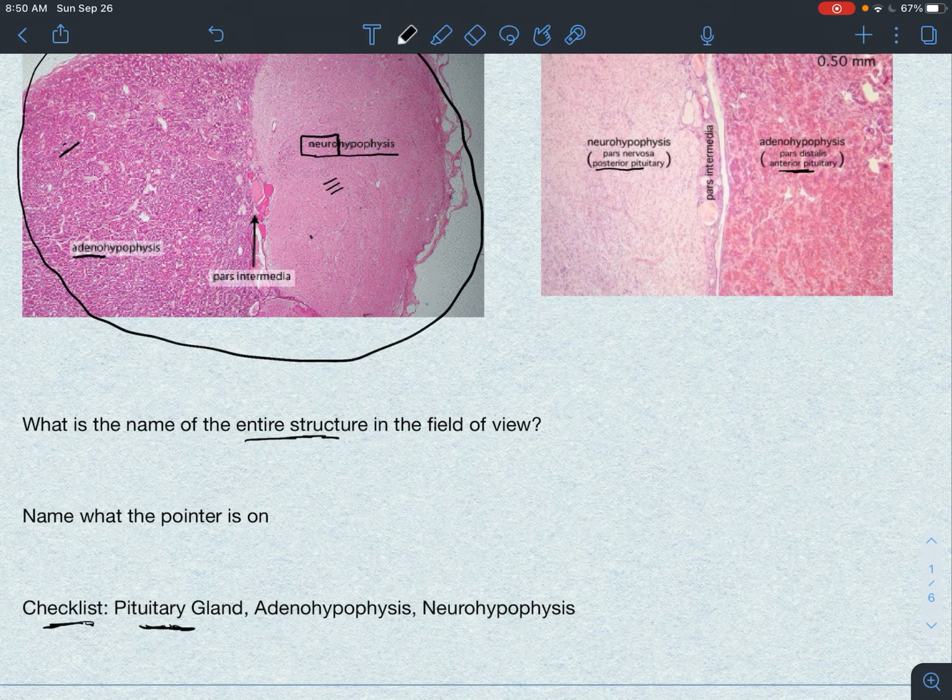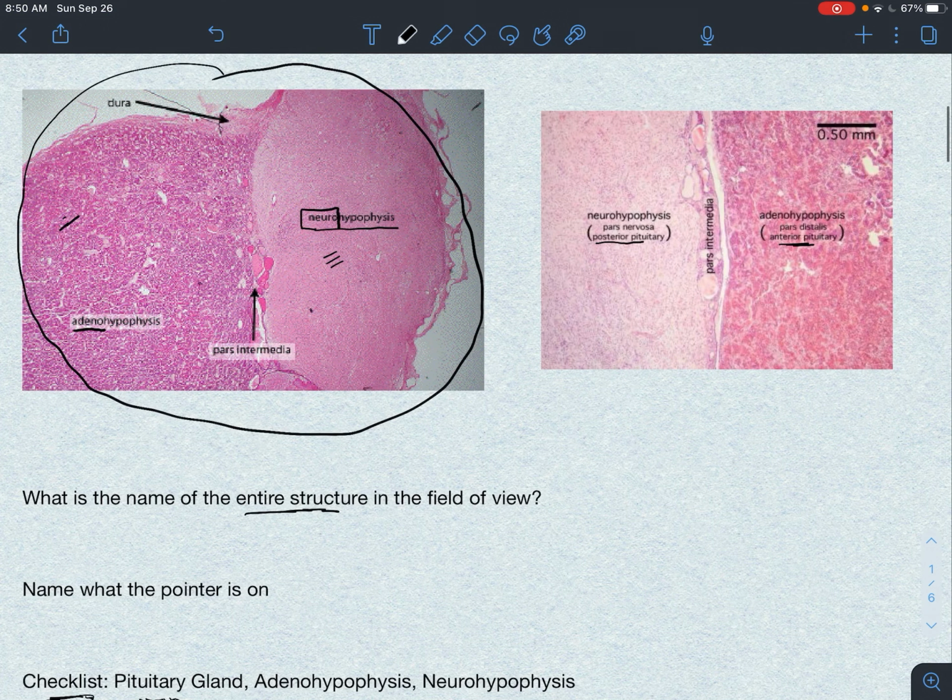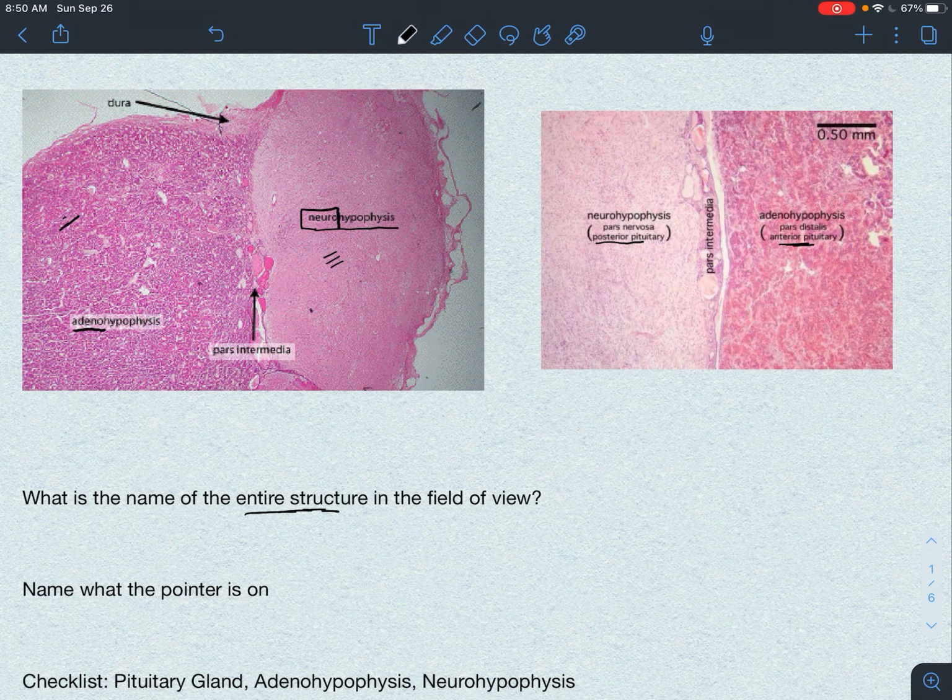So then a more specific question could very well be that we've got the pointer on one side of it, and it's asking you specifically what the pointer is pointing to. So you're looking into the microscope, and you've got the pointer of the microscope pointing right onto, and I'll put an arrow here, even though microscopes don't have arrows, just to make it clear.